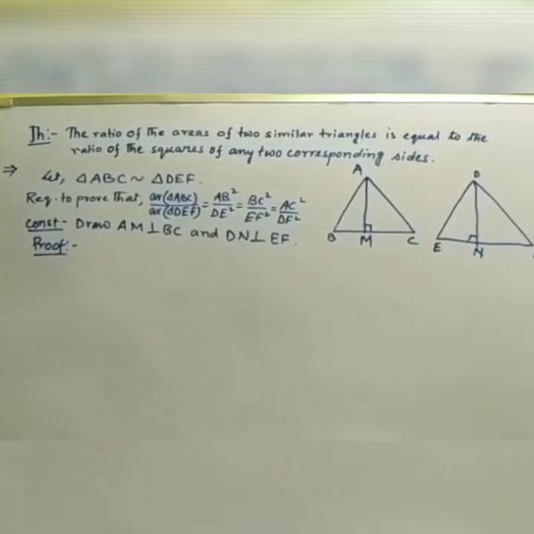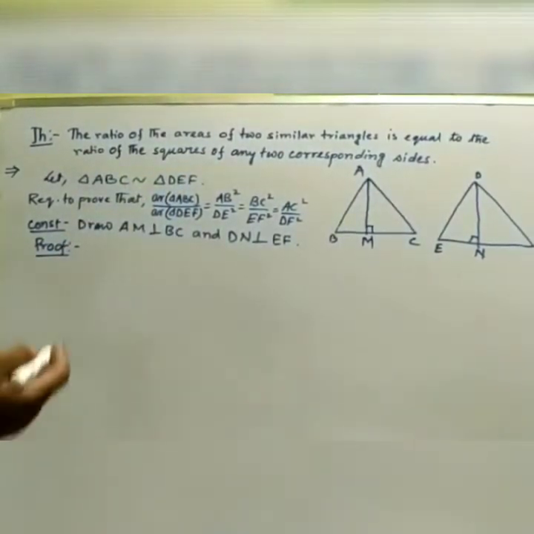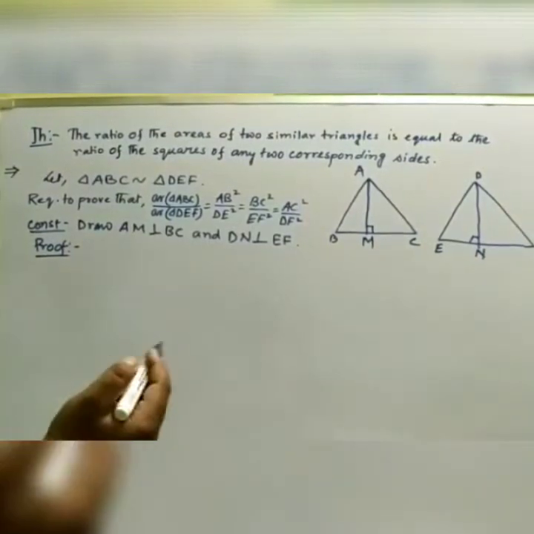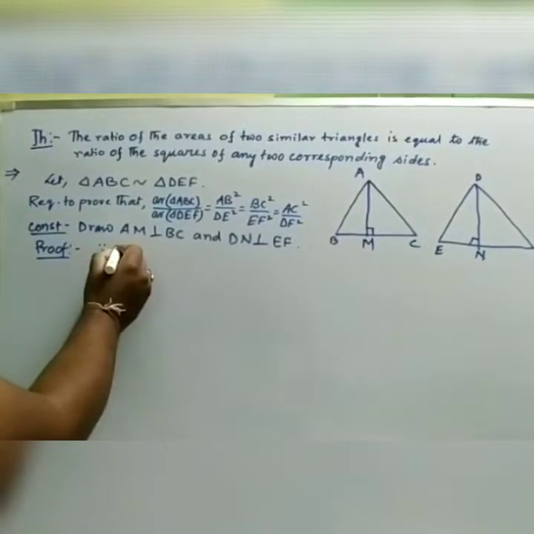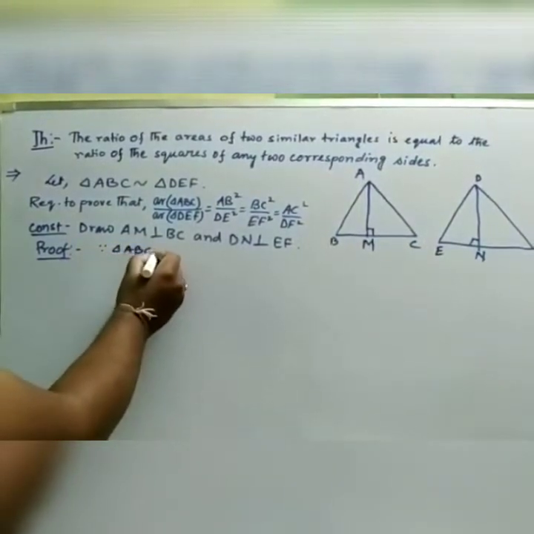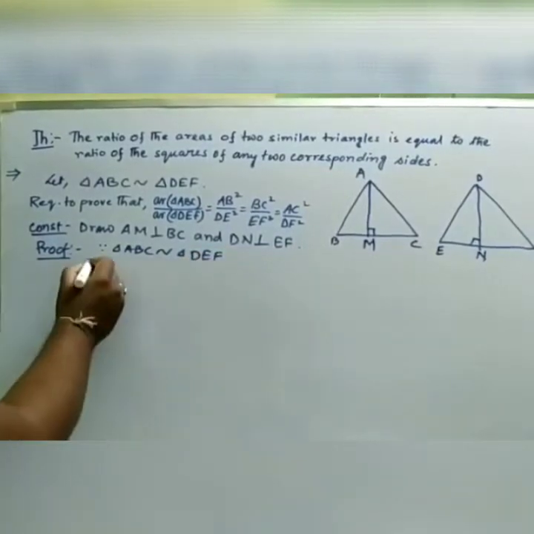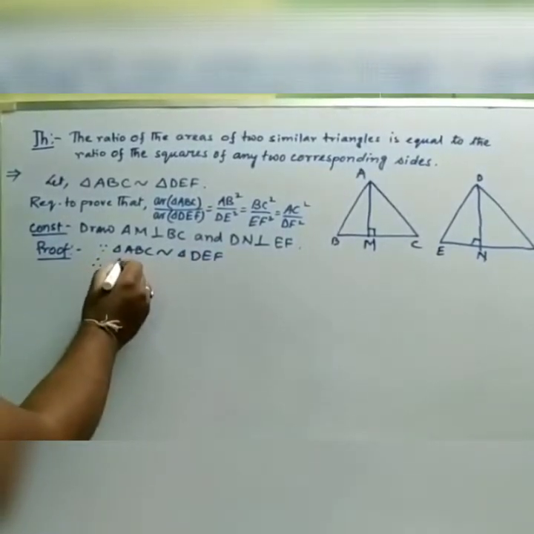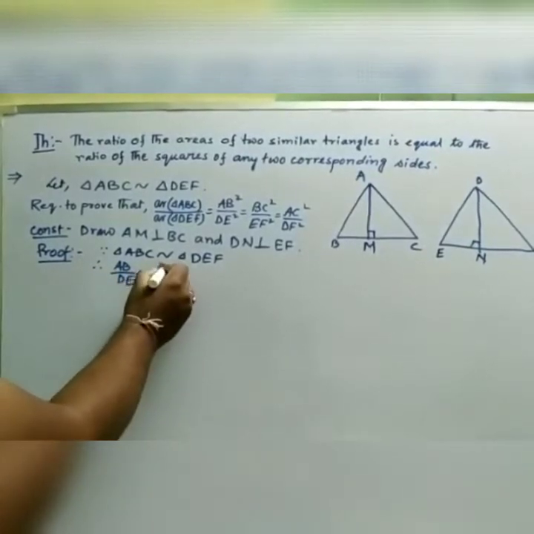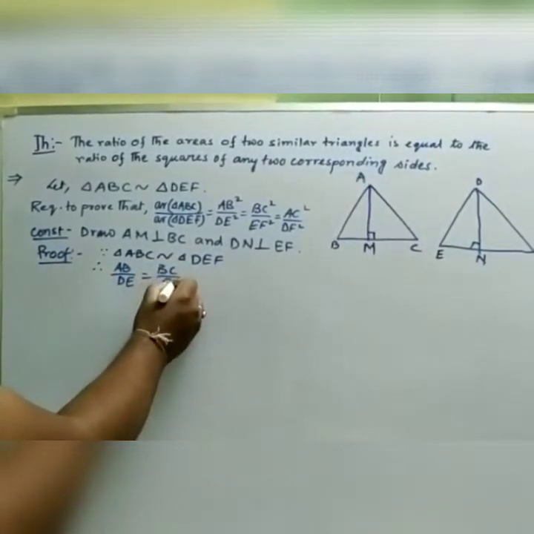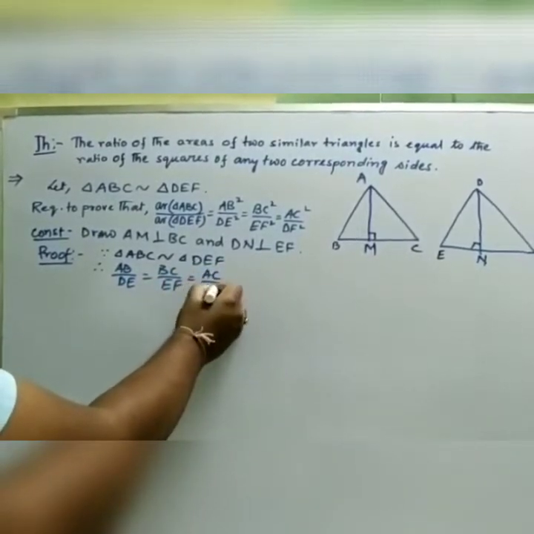Here you can see that both the triangles are given similar. So from the conditions of similarity you know that the sides will be proportional. So we have to write: since triangle ABC is similar to triangle DEF, therefore the sides AB by DE equals BC by EF equals AC by DF.